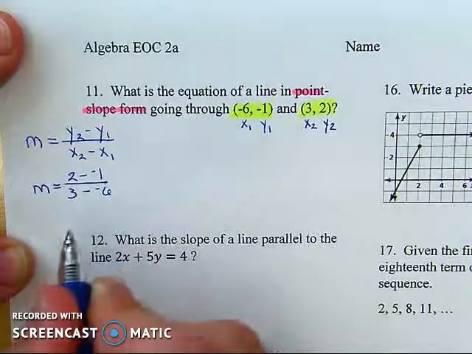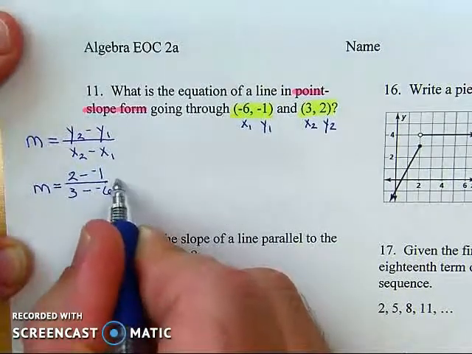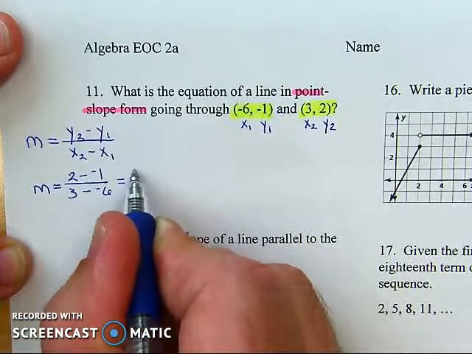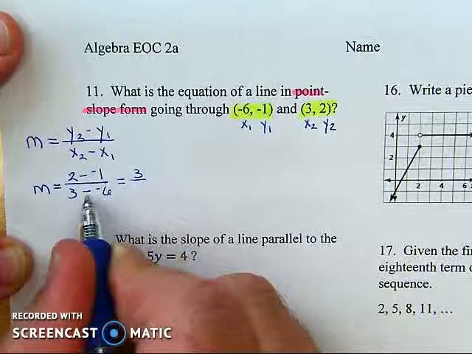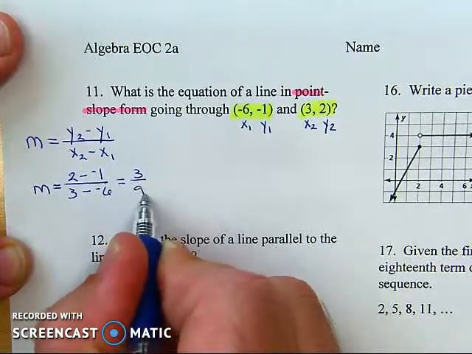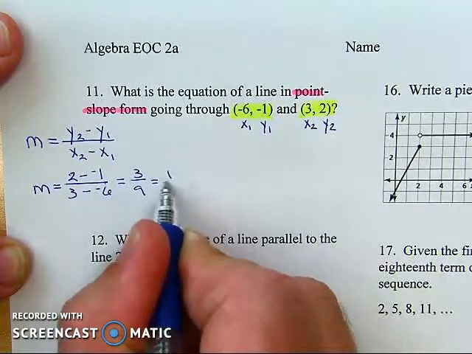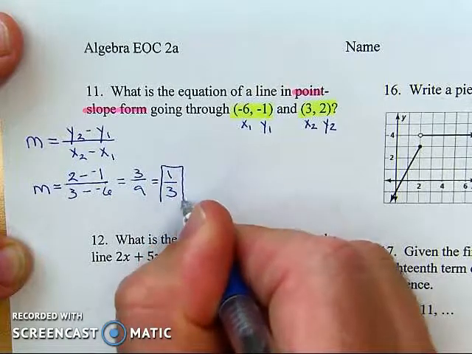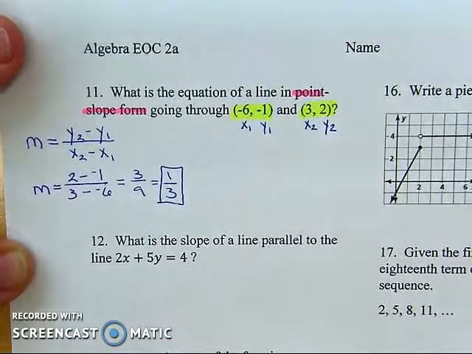All right, so we need to simplify that. 2 minus -1 is going to become 2 plus 1, or 3, and 3 minus -6 becomes 3 plus 6, or 9. And I can reduce that to 1 over 3. So this is my slope right there.